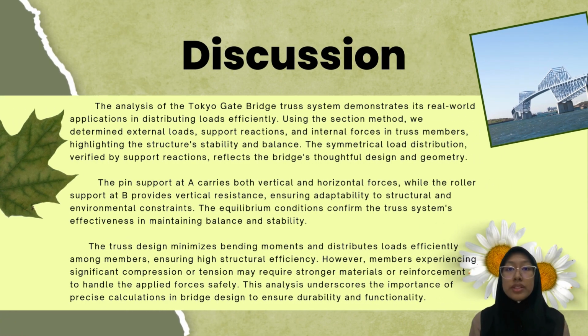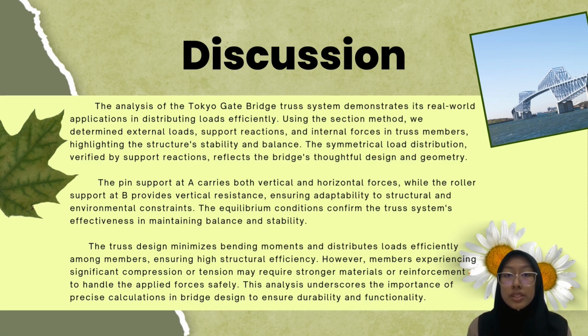Next, I will present the discussion of the Tokyo Gate Bridge truss structure. Using the section method, I calculated the external loads, support reactions, and internal forces in the truss members. This method highlights how the truss system efficiently transfers loads from the bridge deck to the supports, ensuring stability and balance.